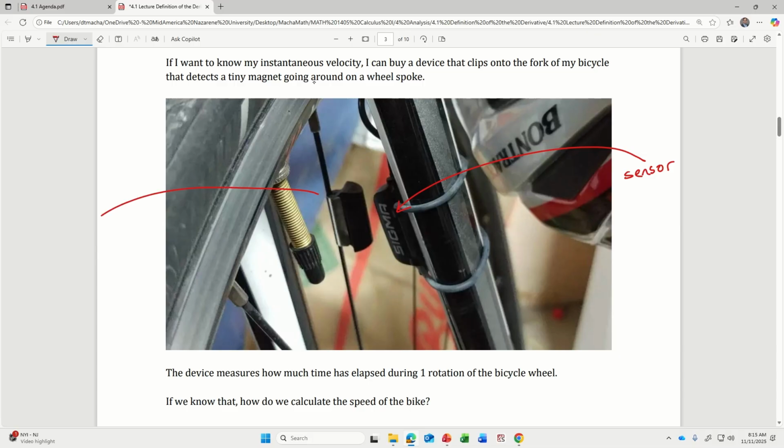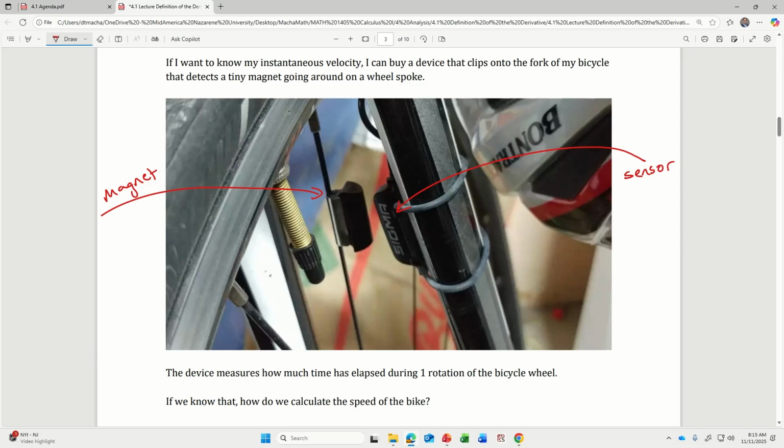When the magnet gets near the sensor, it induces a little electrical pulse, and then it clocks it. It determines what time each pulse happens.